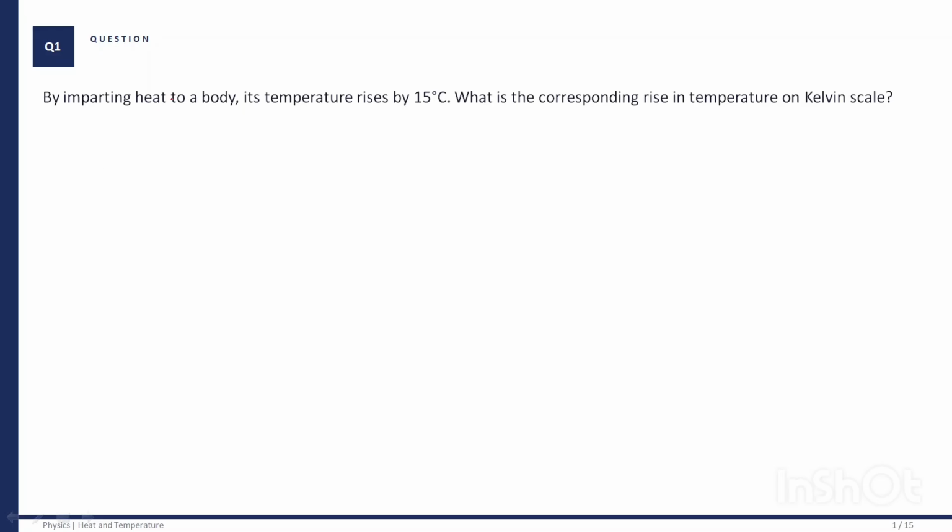We know that one division rise in the Celsius scale is equal to one division rise in the Kelvin scale, because both scales have the same number of divisions. So the temperature rise on the Kelvin scale is T equal to 15 Kelvin.